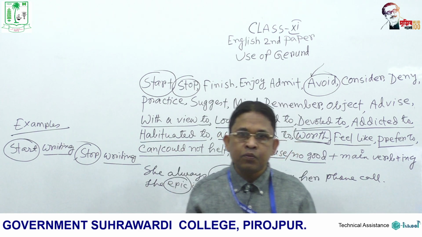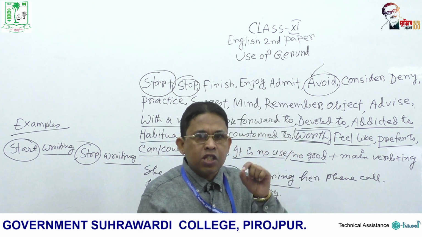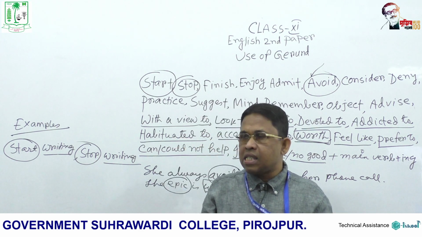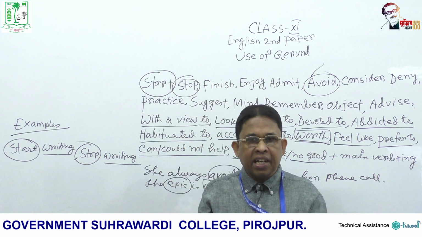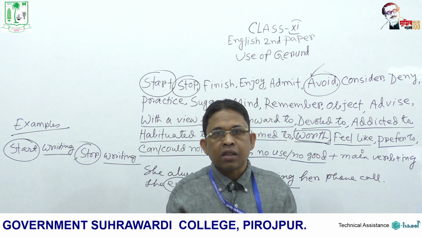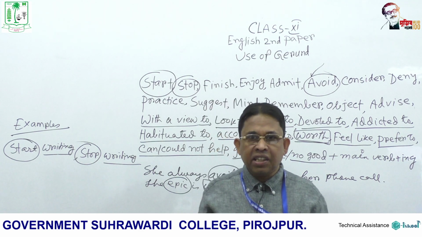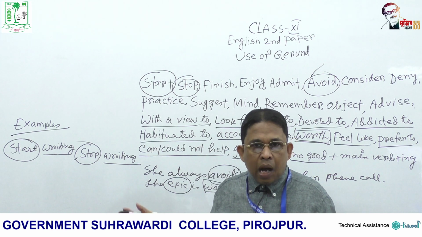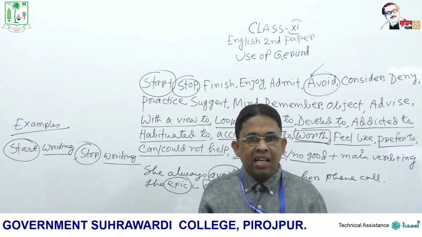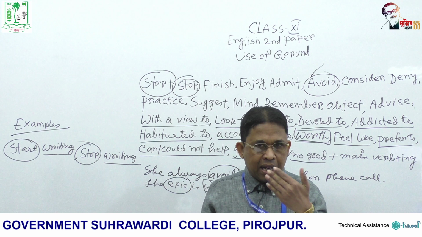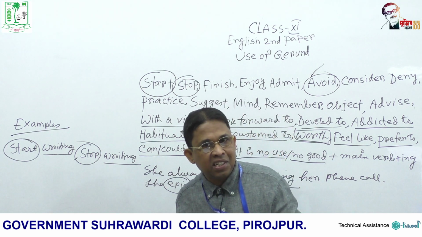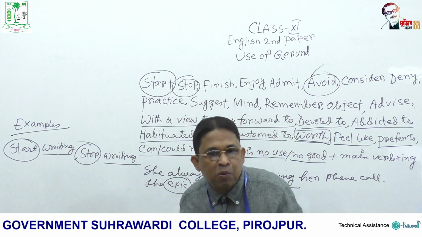Worth reading. Worth means some quality that makes something useful, beneficial or valuable. Worth reading means it deserves reading. That is, I am recommending you can read the epic. It is interesting, it is useful for you.